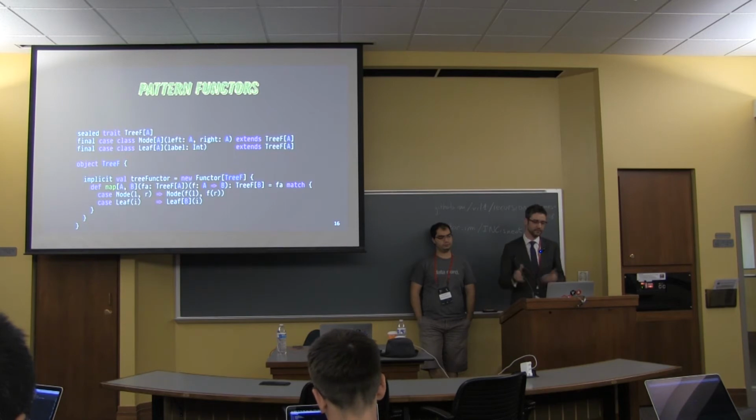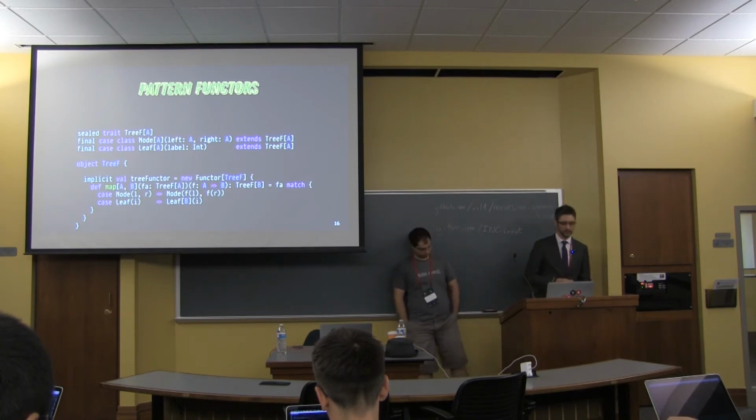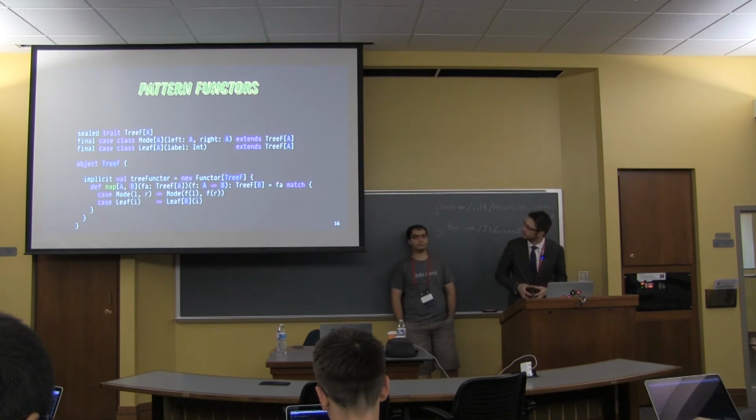And the Leaf is rather unchanged because it doesn't contain a recursive reference. And it's a functor, so we need to write a functor instance for it. But it's quite easy and straightforward. So this is our pattern functor.